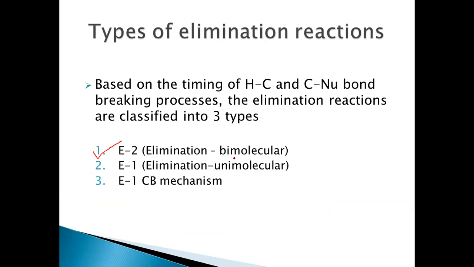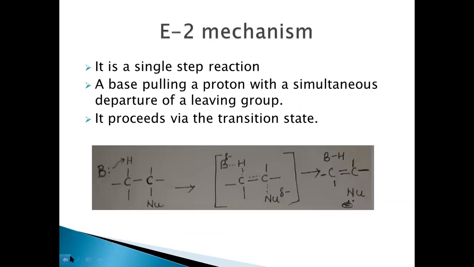First one is E2, that is elimination bimolecular. Second is E1, that is elimination unimolecular, and the third one is the E1cB mechanism, depending upon the C-H and C-Nu bond breaking processes. Let's see E2, elimination bimolecular, in detail now.